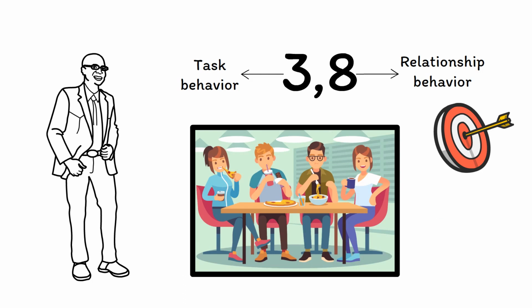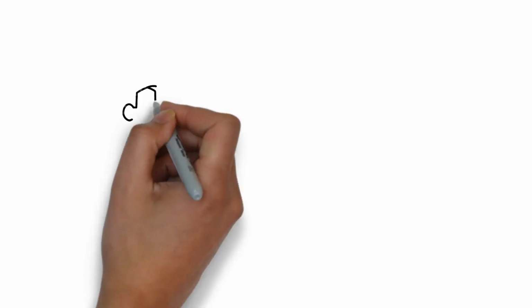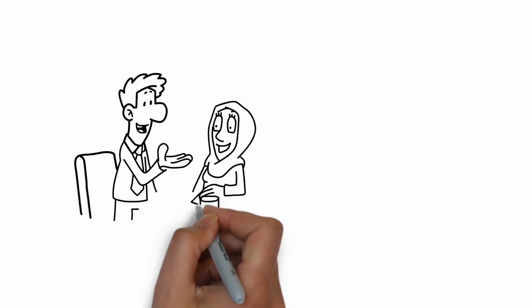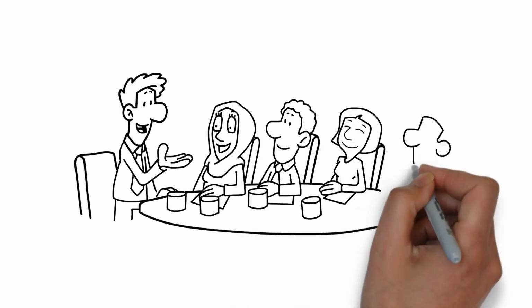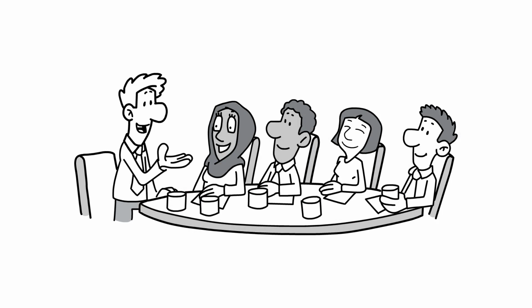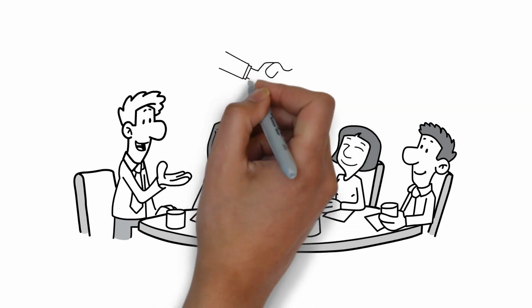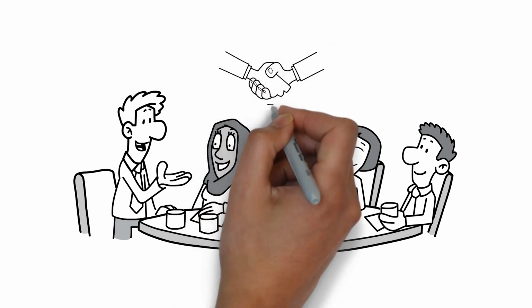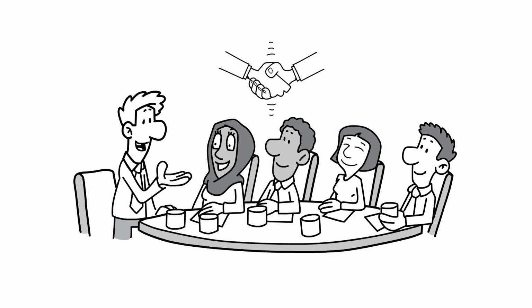Daily interactions, such as the open forum meetings you participate in with your supervisor and colleagues, exemplify team management. These meetings, characterized by shared decision-making and regular feedback, encourage a collaborative approach that is different from authority compliance management, which is more directive, or country club management, which may prioritize comfort over productivity.